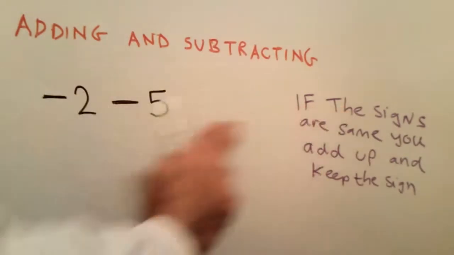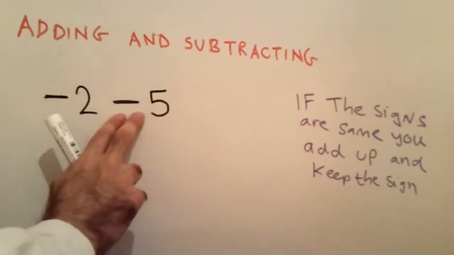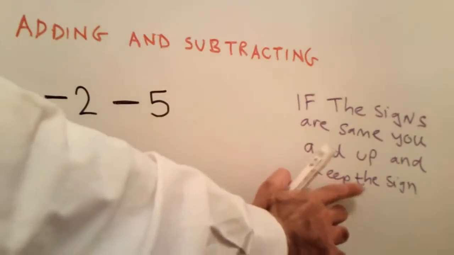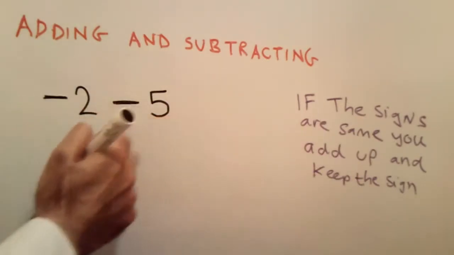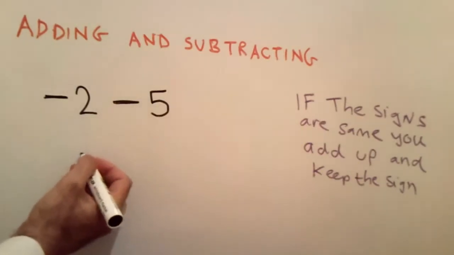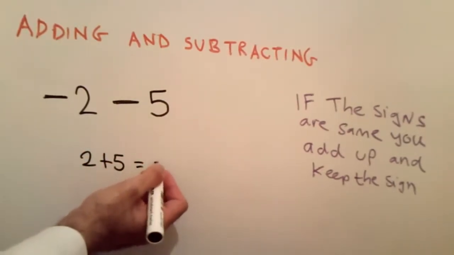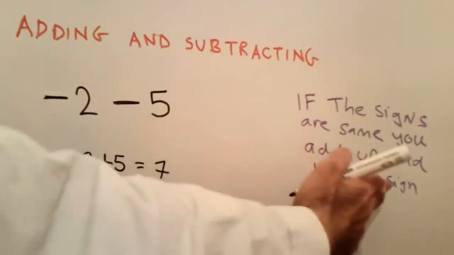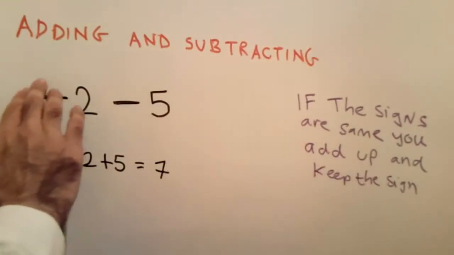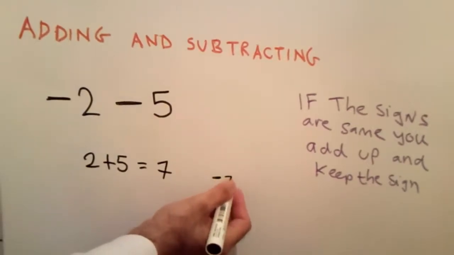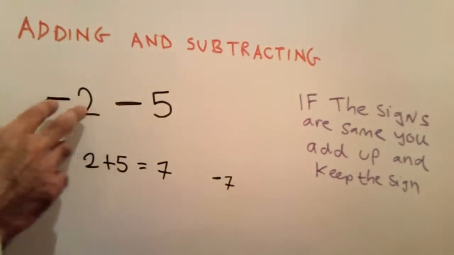If the signs are the same, so we've got a negative here and a negative here, you just add them up and you keep the sign. So we just do 2 plus 5 is equal to 7, and we keep the sign, which is negative, so the answer is -7, and that's it.